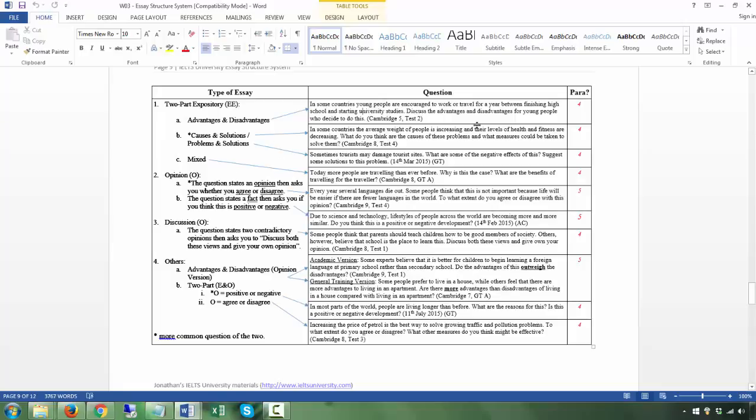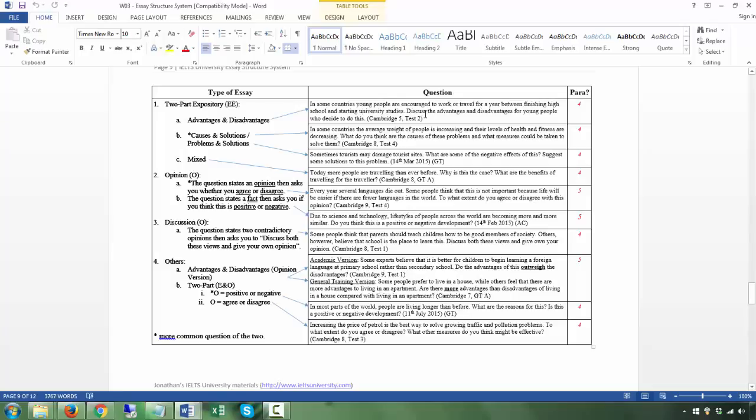So right now, which questions would require a 4-paragraph answer? Which questions would require a 5-paragraph answer? You ought to know that most of the questions could be answered by a 4-paragraph essay, but 2 questions could be answered by a 5-paragraph essay.